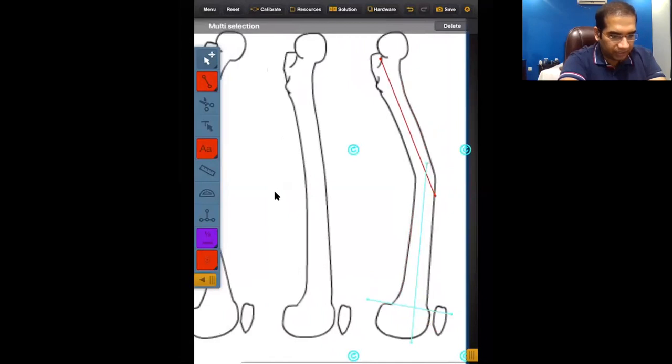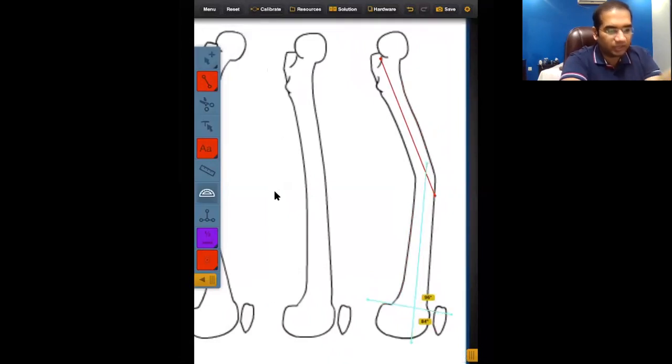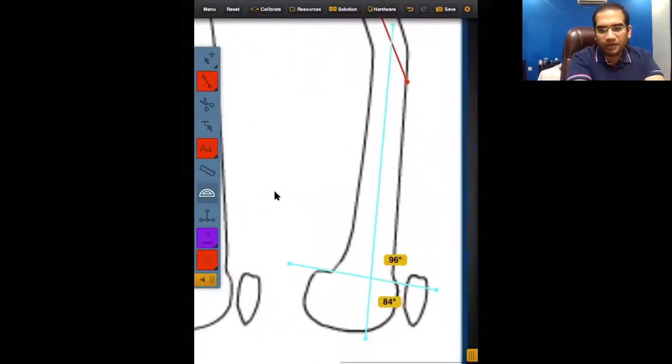and the lateral distal femoral angle, sorry, the posterior distal femoral angle here is 84 degrees. Okay, so this is normal. So we know that there is no deformity in the distal articular portion of the femur.